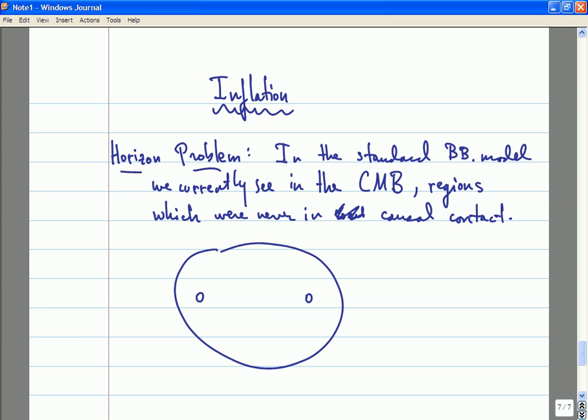Because if I have two parts of the universe which are very far separated, and in particular are not in causal contact with one another, then the basic principles of physics say that they should not be in thermal equilibrium with one another. So what that means is that these two regions should not be in thermal equilibrium.